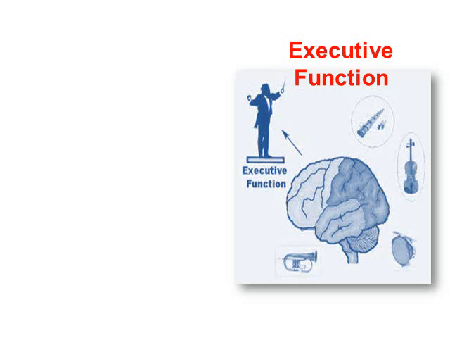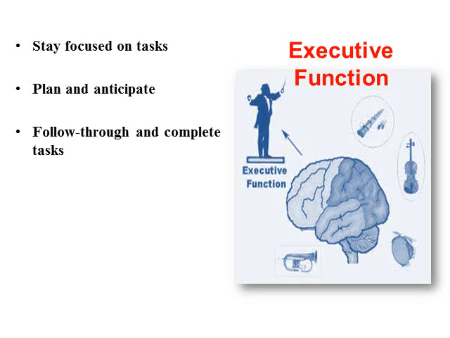Students with learning disabilities who have autism, Asperger's, ADD, ADHD, could be Down syndrome, and some other types of learning disabilities often have challenges in the area of executive function. And because of that, it hinders their ability to stay focused on tasks, to plan and be able to anticipate what's coming next, to follow through and complete tasks, especially tasks that involve multiple steps.